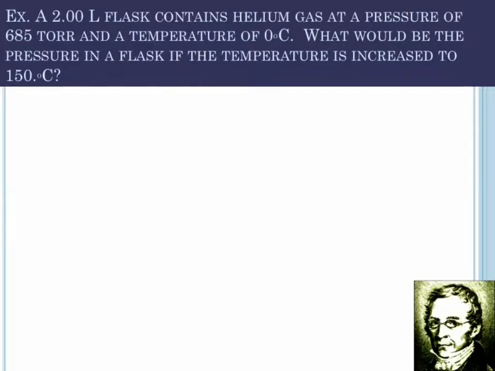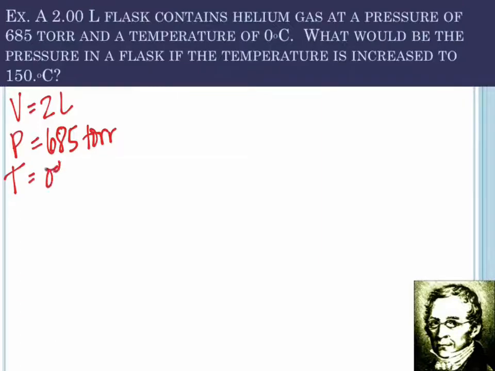2-liter flask. What kind of variable is 2 liter? Volume. Contains helium at a pressure of 685 torr. And it has a temperature of 0 degrees Celsius. So it's 200.